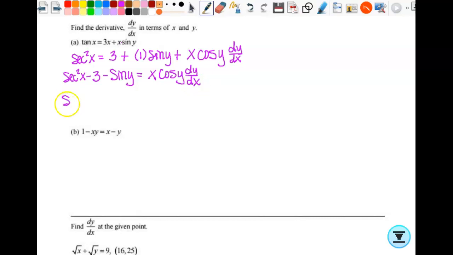So this will give me secant squared x minus 3 minus sine y over x times cosine y equals dy/dx. Okay. What questions do you have? Anything?